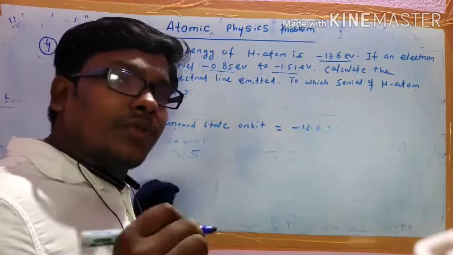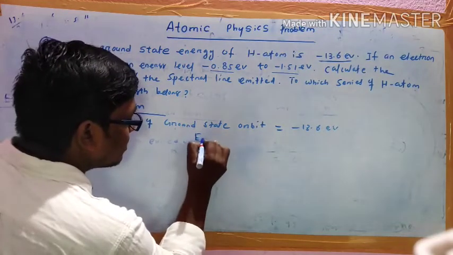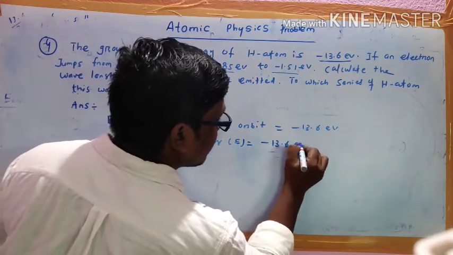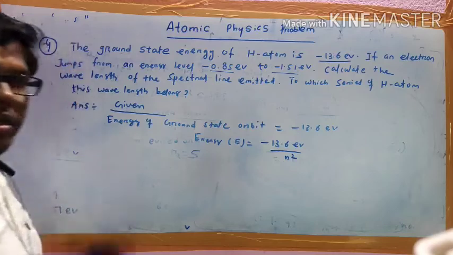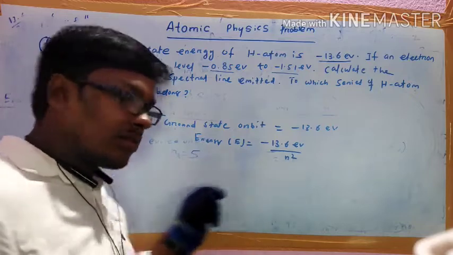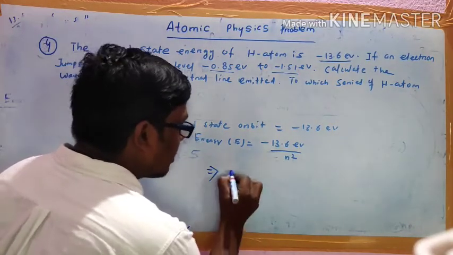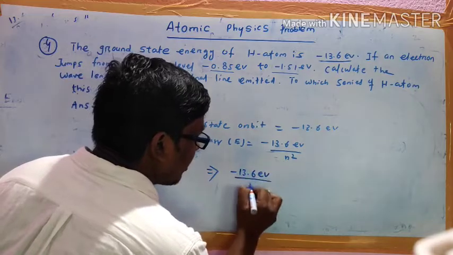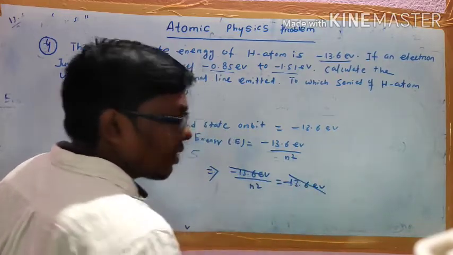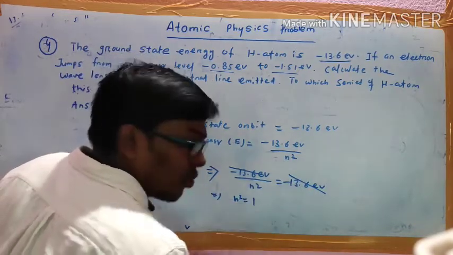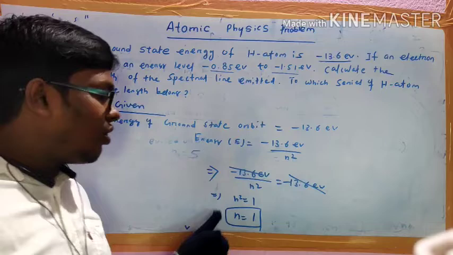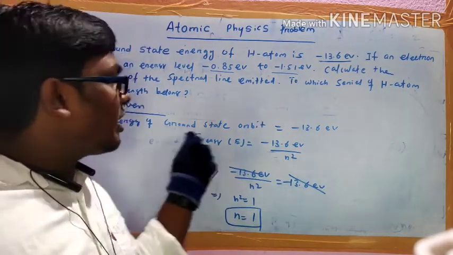What do we know as the equation of energy? Energy E is equal to minus 13.6 eV by n square. So comparing these two, we can get the value of n. This means minus 13.6 eV by n square is equal to minus 13.6 eV. This value cancels out. Here n square is equal to 1. That means n is equal to 1. So n equal to 1 is the ground state orbit.